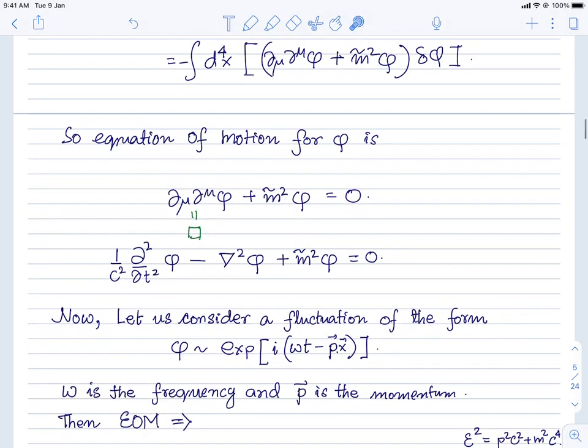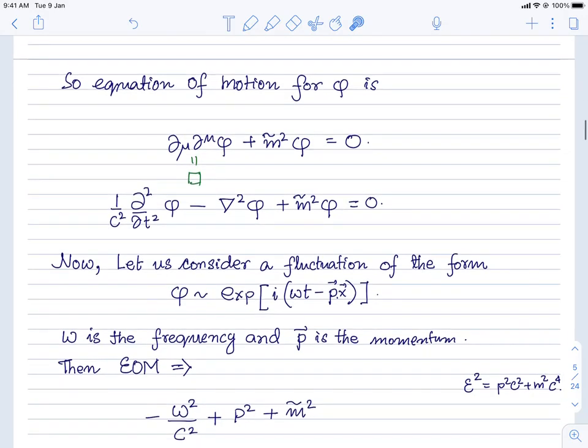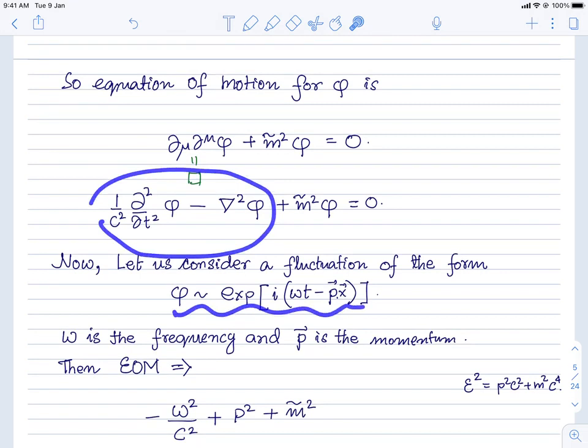And as you can see, this equation resembles very much a wave equation. And it has this additional term, which is m squared phi. So let us say that we plug some kind of a wave ansatz into this equation. This is all I have to say.